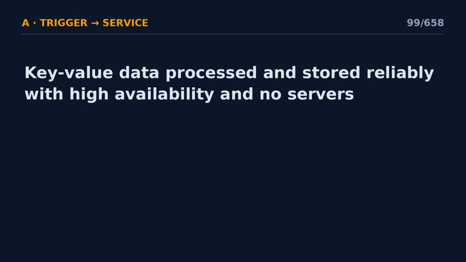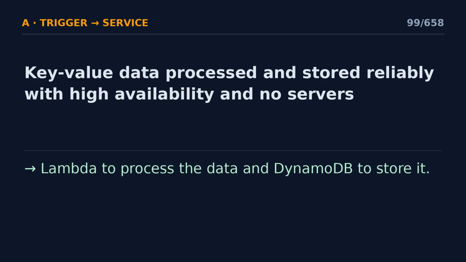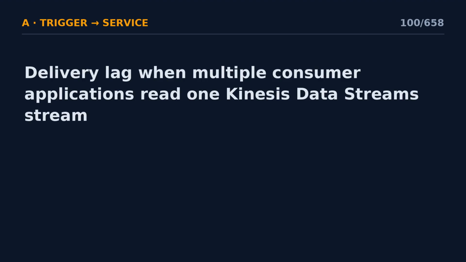Key-value data processed and stored reliably with high availability and no servers. Answer: Lambda to process the data and DynamoDB to store it. Delivery lag when multiple consumer applications read one Kinesis data stream.